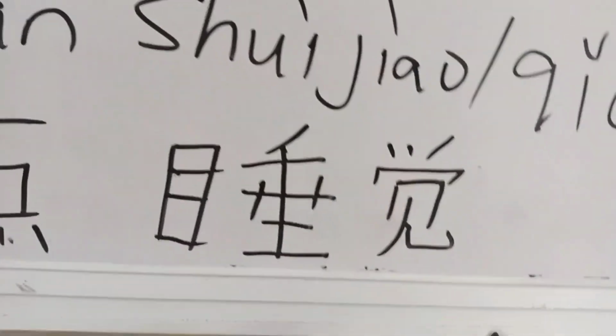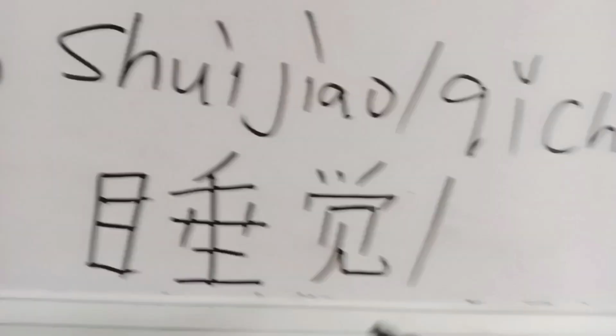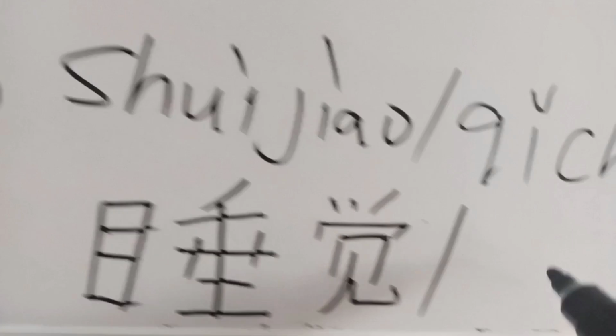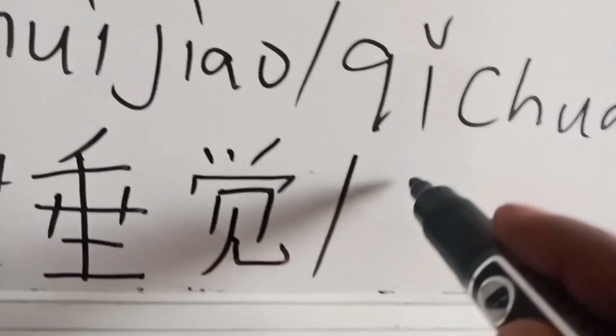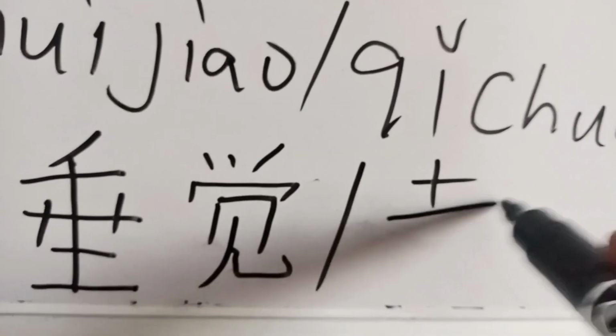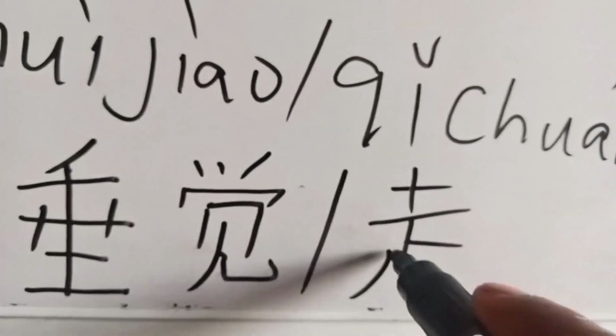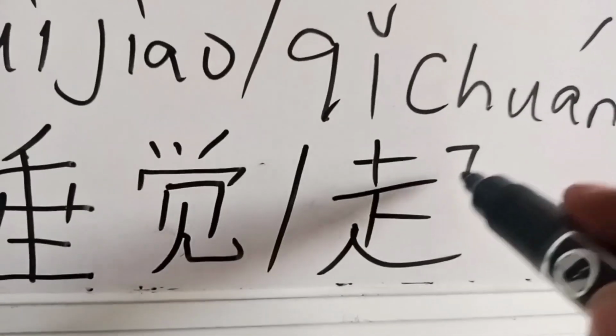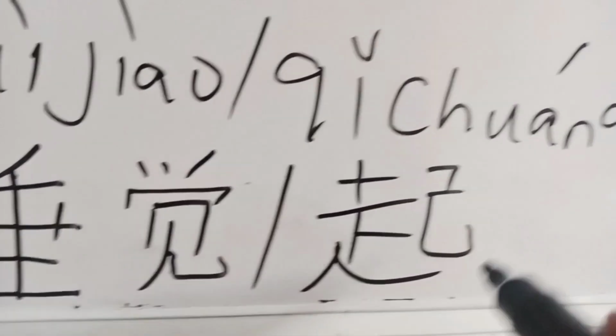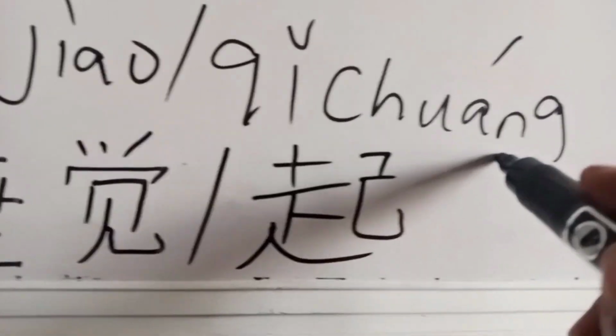Jiao. 睡觉. Then 起床. 睡觉 is to sleep, to go to bed, like I explained earlier. Then 起床.